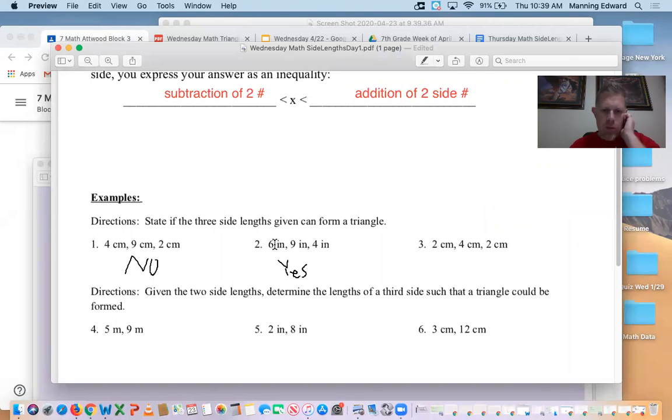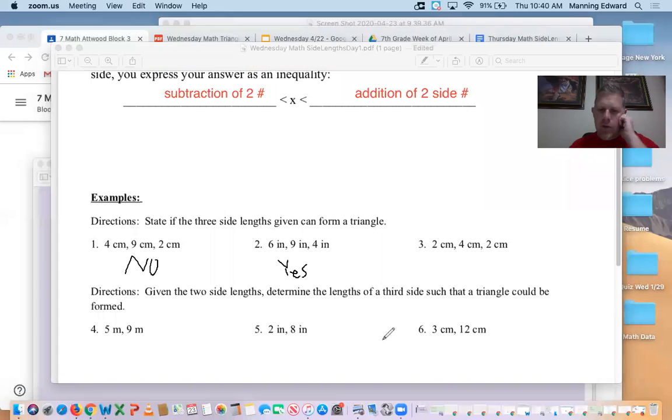And the two smallest sides, 6 and 4, must be bigger than the largest side. So yeah, I'm doing it right. All right, 2 plus 2 is 4. Is 4 bigger than 4? No. So for this one, you'd say no. Now, for those of you that didn't do this paper yet, I'm going to let you finish it, but this is how you look at it.